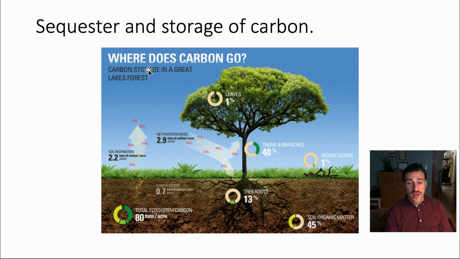So they sequester, which is sucking up carbon, and then store it in a physical form, a solid form, not a gaseous form. So the less carbon in our atmosphere, the cooler the planet, or the less the planet will warm up.